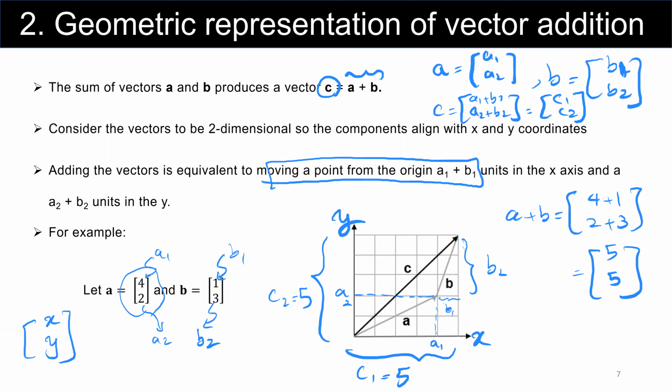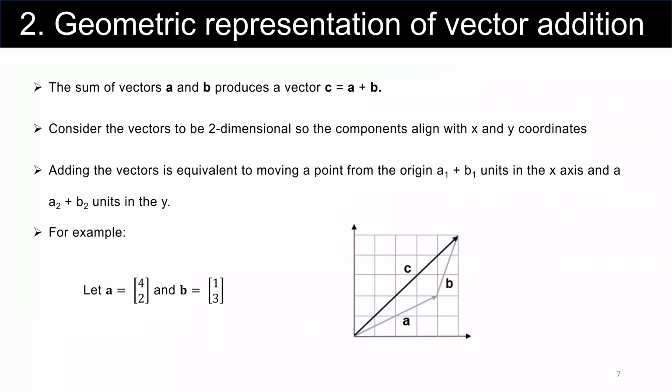So this is the geometric representation of adding two vectors in the two-dimensional space. So if we have 3 dimensions, then we are going to deal with something like this: X, Y, Z. And then your vectors are going to be in the n-dimensional space.